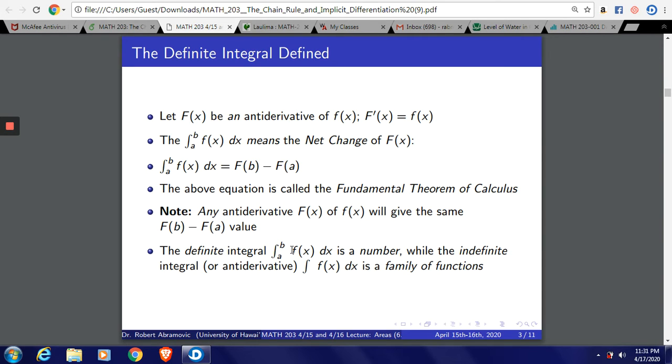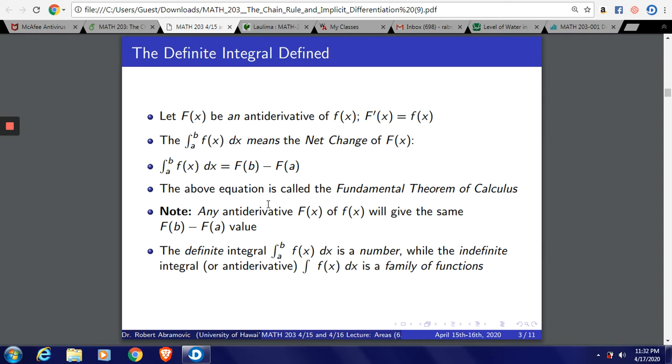This definite integral is a number, while the indefinite integral, or antiderivative, f of x dx, is a family of functions. Remember we saw before a bunch of formulas for the antiderivative or indefinite integral that looked like a function plus a constant. That's a family of functions because all those work.